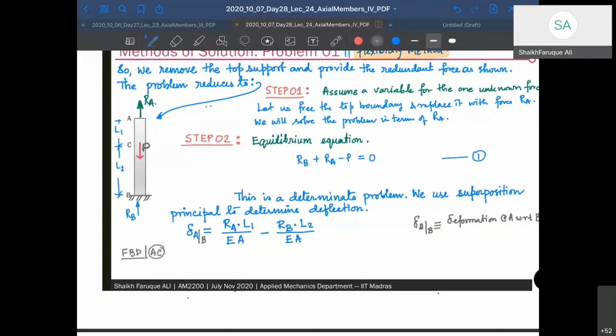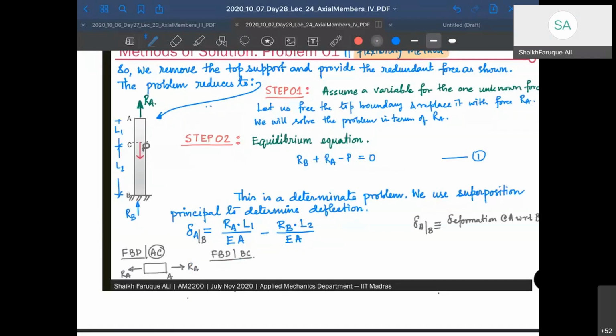We're going to get something like this. I'm drawing it horizontally. This is my A point, and then this is going to be RA, and that is up to L1 position, and then another free body diagram of the section BC taken from the bottom side.